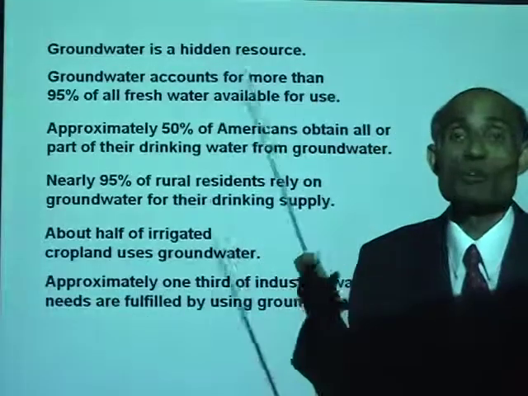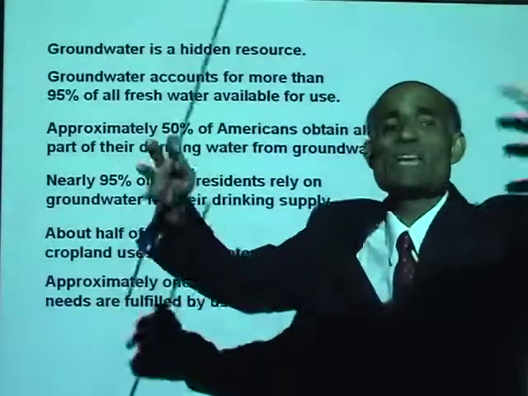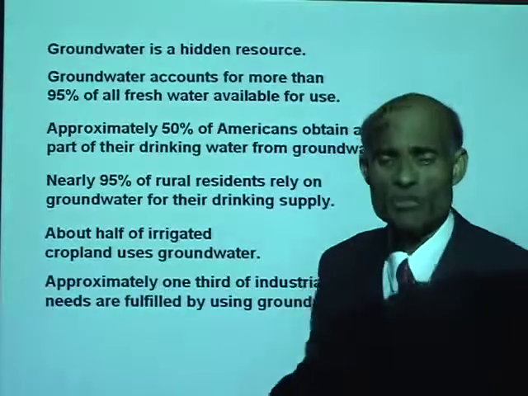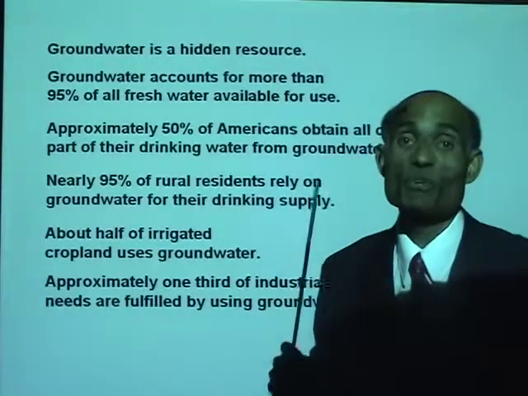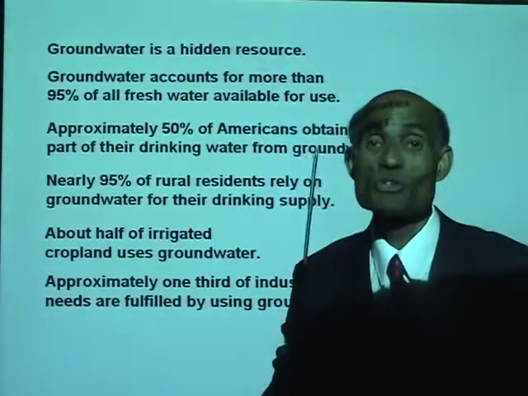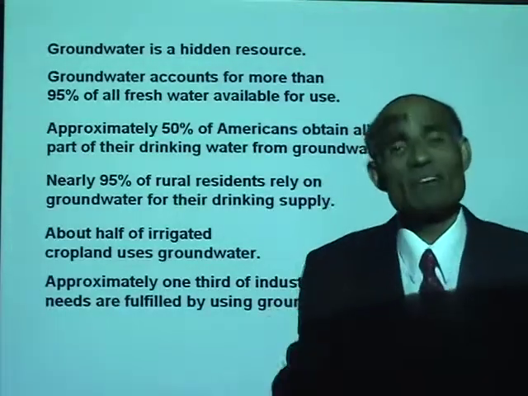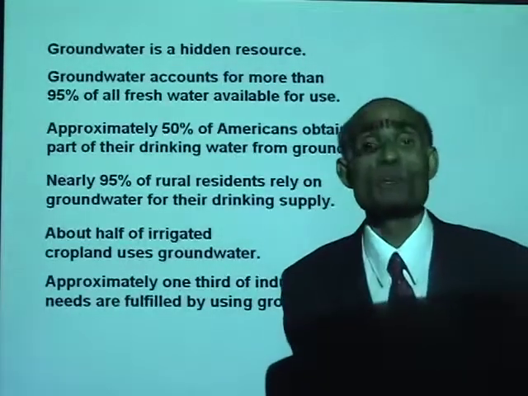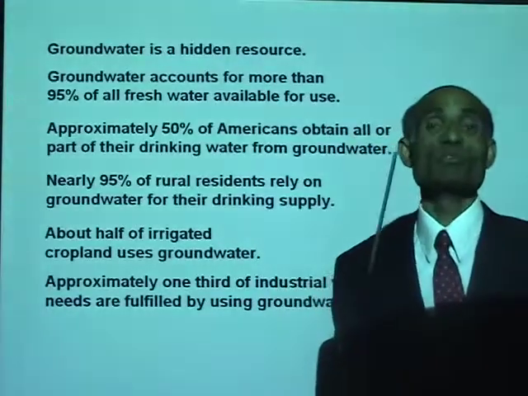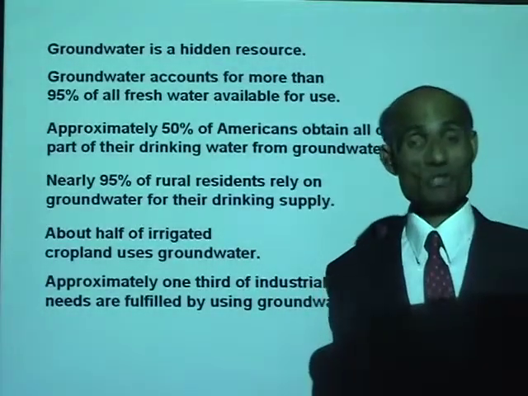You can see groundwater is used in a wide variety of ways, and we need to therefore use caution. Is that right? We cannot let the level of groundwater fall below the acceptable level. We need to conserve the use of our water.